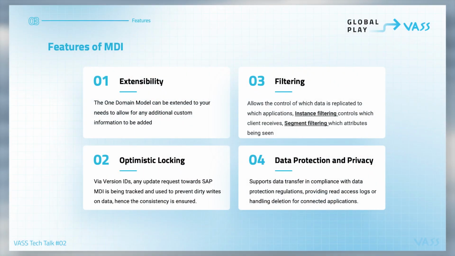So this is where the filtering is reducing the data to its very core as it's needed in the target system. Fourth feature here is the data protection and privacy. Of course, all this happens under the umbrella of the SAP security measures that have been put in place and provides you with access logs for reading and other connected applications to do further checks of the security.